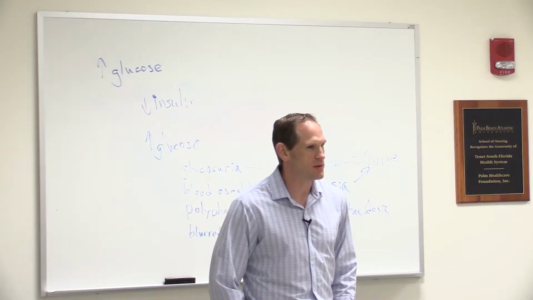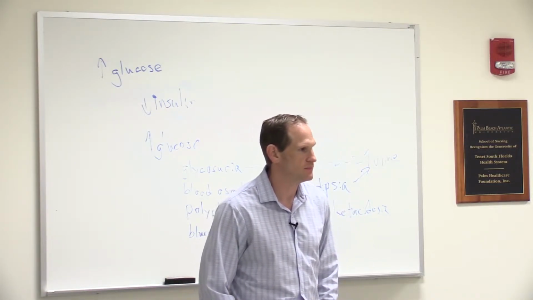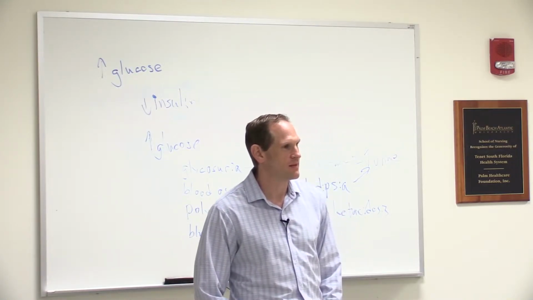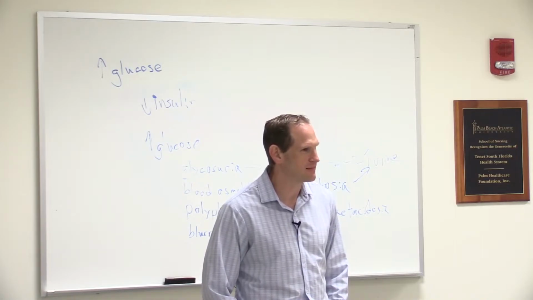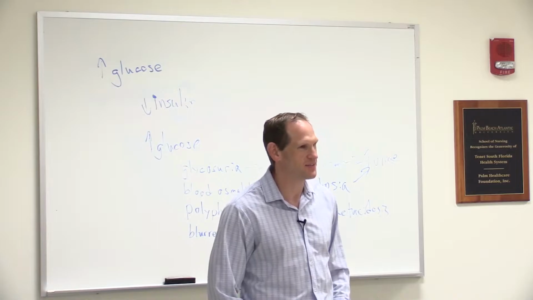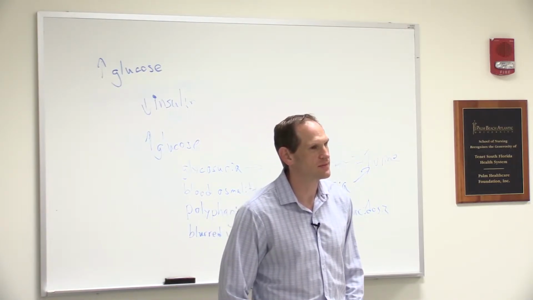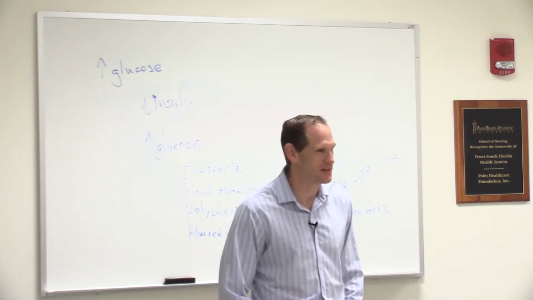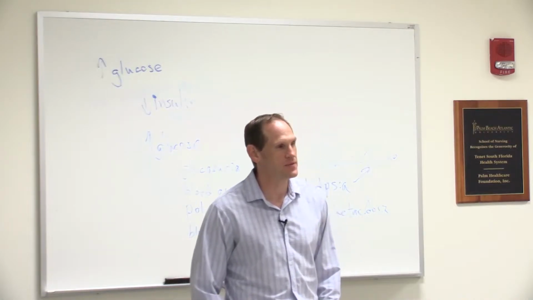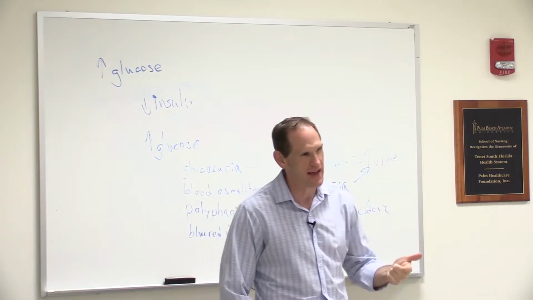So what do you think the treatment for ketoacidosis is? Insulin. Right. What kind of insulin? Just regular. Yeah, how would we give it to them? We give it to them IV. Now, at the same time, you might also give bicarb and you might also give potassium.